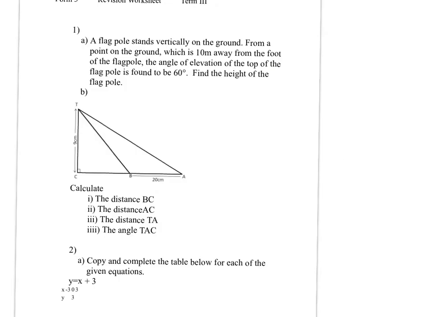1b. There was an error in this question, so please remember to fix it. They should have given you the angle, and this angle here should have been 60 degrees. We want to find the distance BC. In this diagram we see two right angle triangles, a small one and a large one, and we'll use them to solve this question.